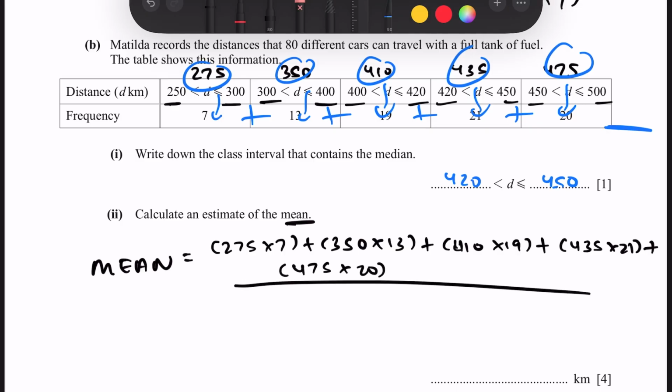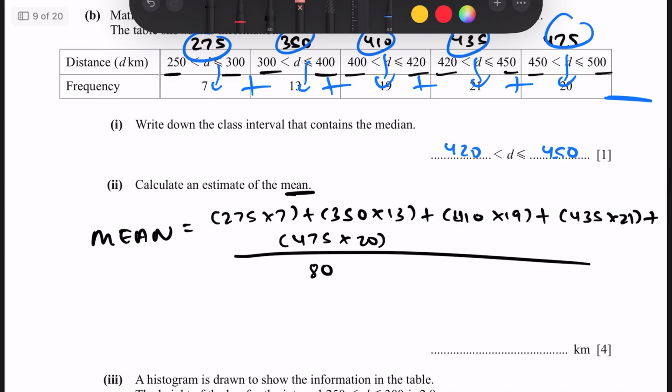Now this divided by the frequency, which is equal to 80, gives you our mean. So this in turn is equal to 32,900 divided by 80, which gives you a value of 411.25. So let me just write that down, 411.25.